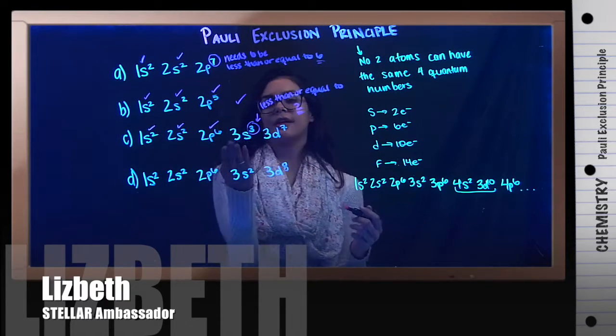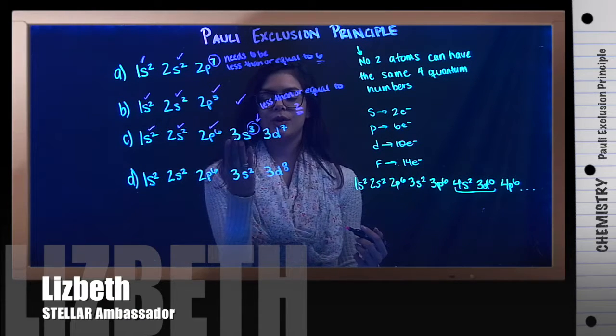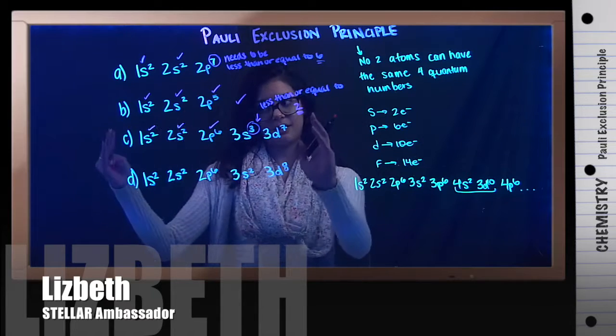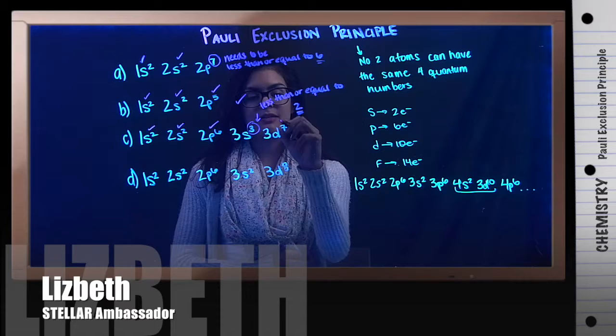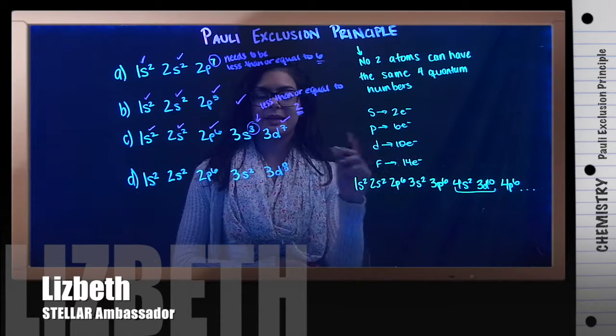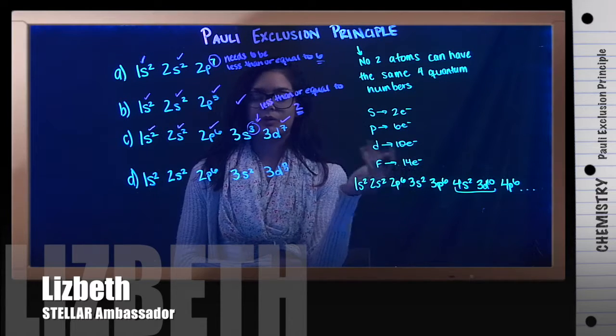So this would have to either be just 3s2, or, to keep the electron number consistent, the remaining electron would have to be 3d8. 3d7 here is also okay. It's not up to the full 10, but that's okay. It doesn't have to be a full shell. It just has to be less than or equal to 10.